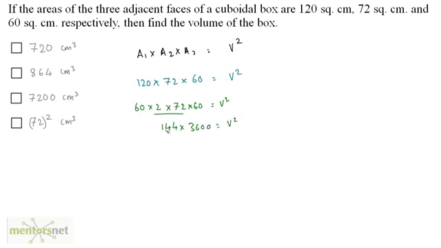Taking square root on both sides, we get the square root of 144 is 12 times the square root of 3600 is 60 is equal to V. So V is equal to 12 times 60, and that is 720, and that's the volume, 720 centimeter cube. So option A is the correct answer.